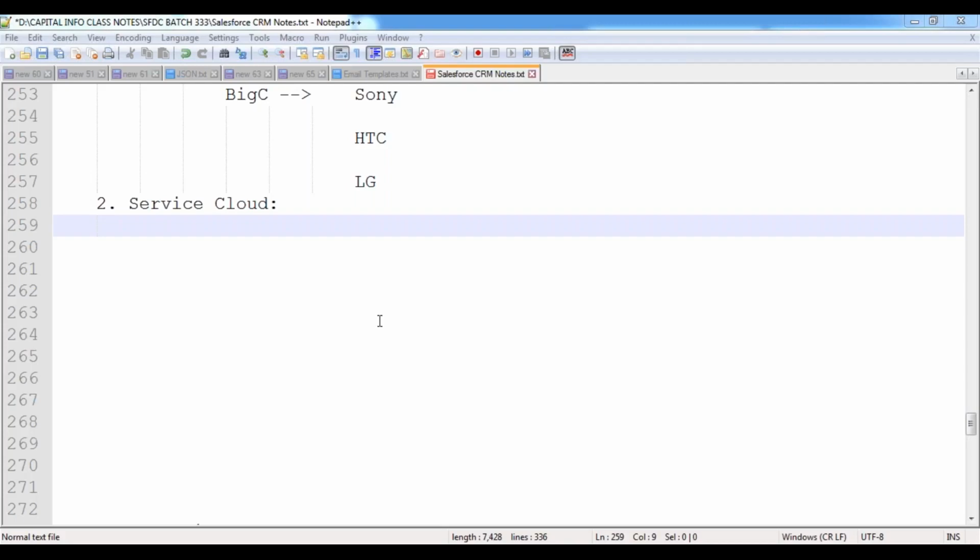If I'm giving very good services, then only the customer will stay with me for a long time, and will buy some more products from me in future, so that I can generate some more revenue. The customer will also give good feedback, and because of that good feedback, I will get some more references also.